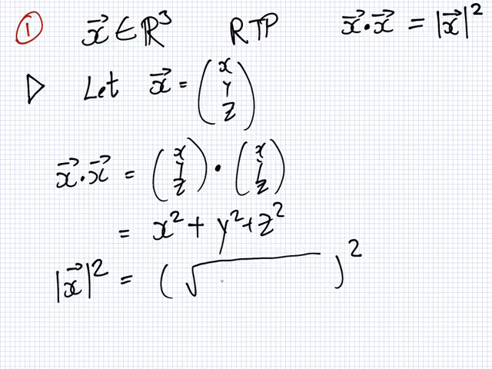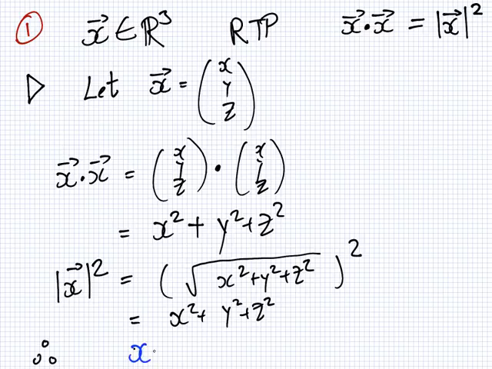Square root of x squared plus y squared plus z squared, which squared equals x squared plus y squared plus z squared. So therefore, left hand side equals right hand side. These two have to be the same because they're both equal to x squared plus y squared plus z squared. So that's equal to the magnitude of x squared.